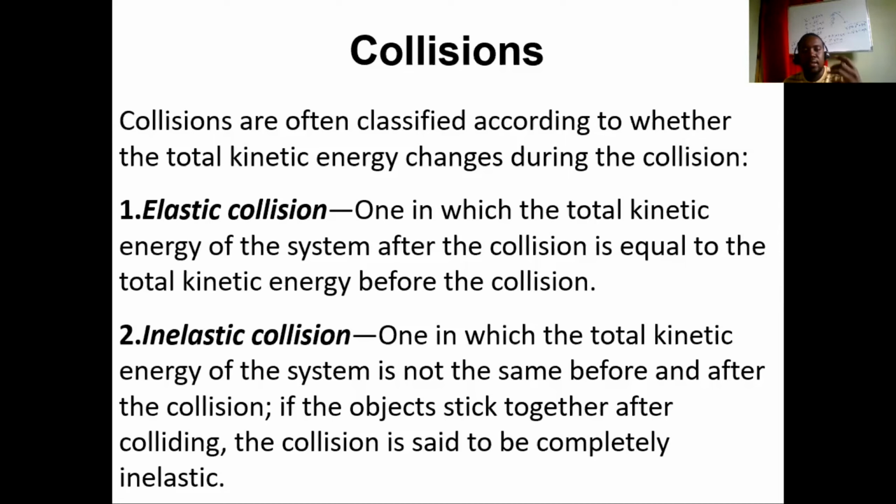In inelastic collision, the total kinetic energy is not conserved, right? Because the objects stick together after collision, so that's the reason why it's called inelastic. It's not conserved because that sticking effect causes kinetic energy to be lost to other forms of energy.